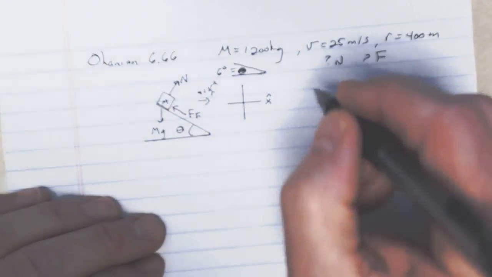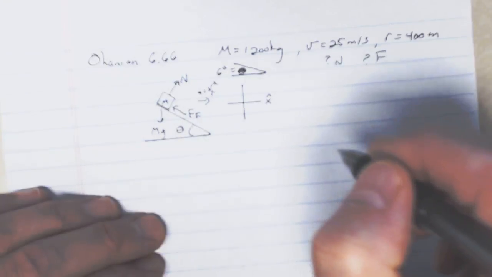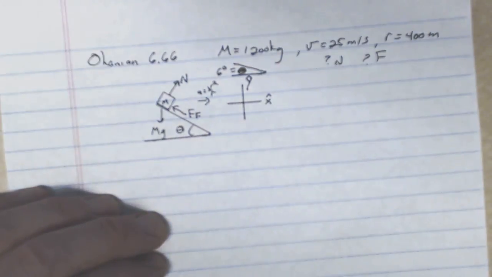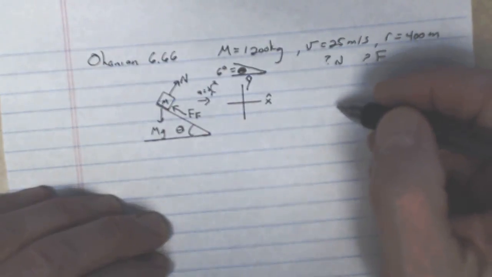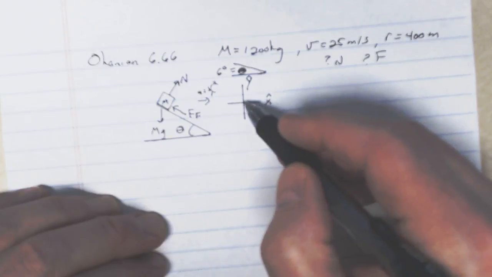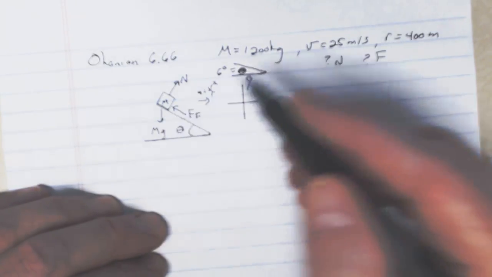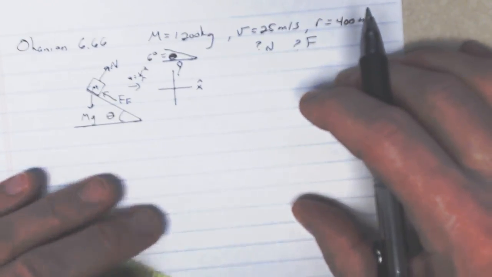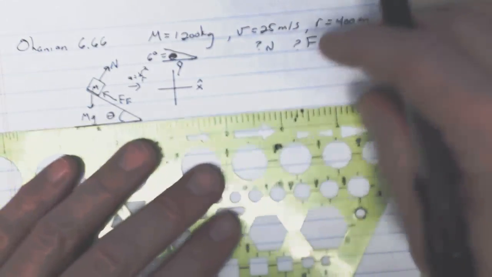And I'll pick my positive x direction towards the center because I know my acceleration's in that direction, and positive y pointing up. Now the other thing I need to do is to break down all of my forces into components along these x hat and y hat directions. Well, mg is already in the negative y hat direction. I have to do this for the normal force and the frictional force too.